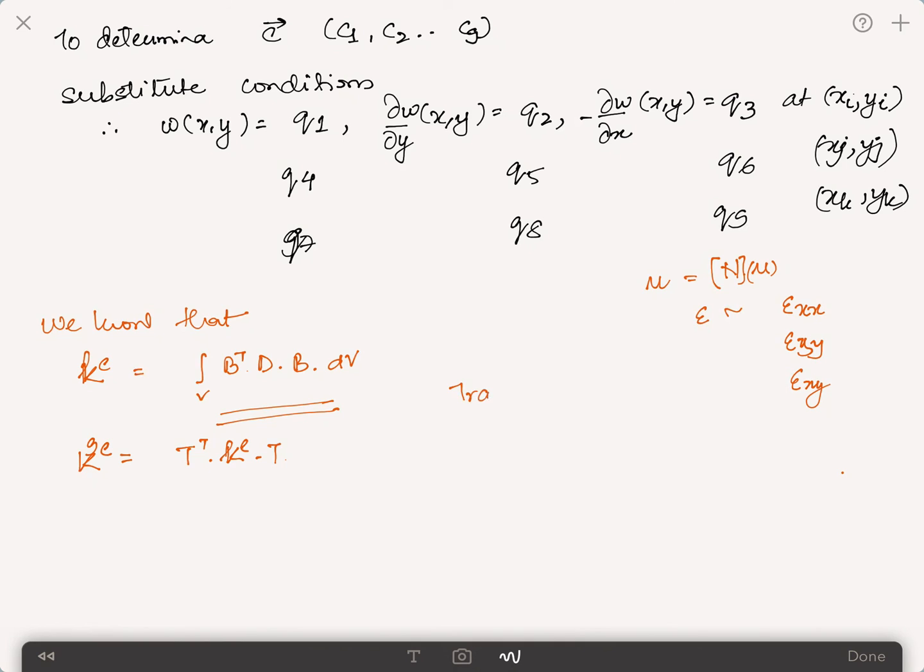Therefore, the transformation matrix, I'm just giving a little basic information about this, for a certain node, so if I want to consider nodal transformation, so only for the 3 degrees of freedom at every node, then I know that for W I need nothing, so I will have 1 0 0 1 0 0. But for the rest, I will have to have the same transformations about directions OX and OY.